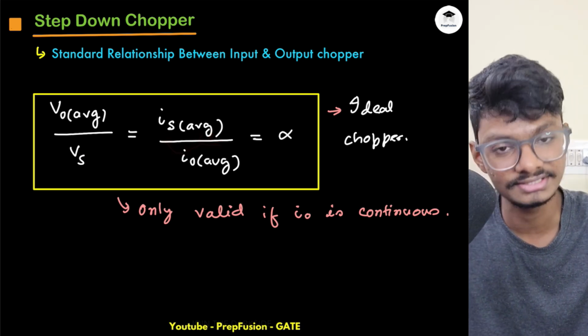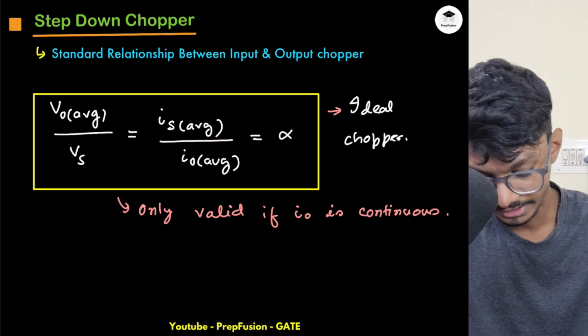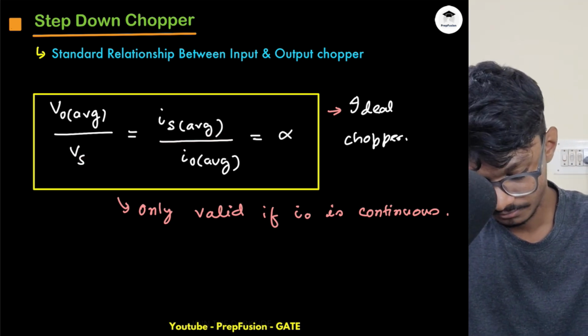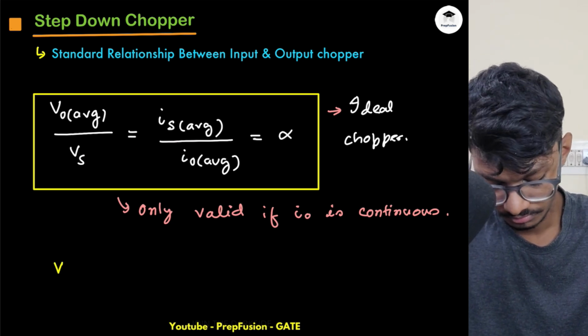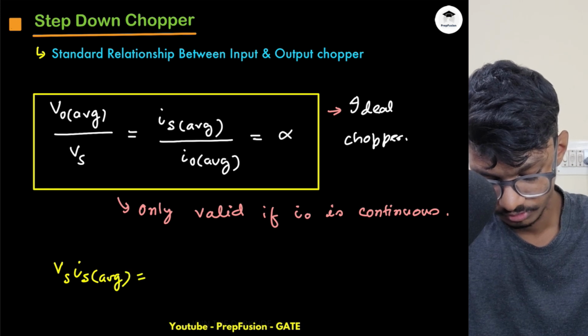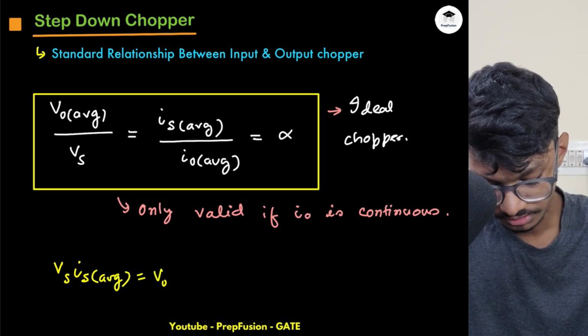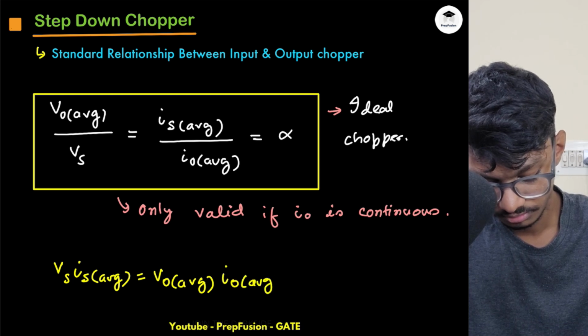From here, if I cross multiply, I can observe that VS into IS average will be equal to VO average into IO average.